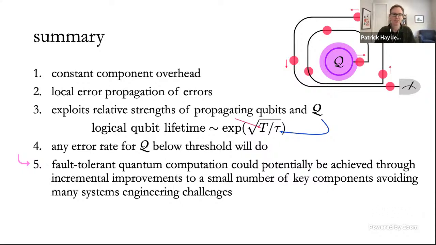The more you pack in, the weaker the error correction properties of the toric code are going to be. And so we basically are going to be able to get a small number of qubits in there, and we can only perform quantum computation on a small number of qubits.